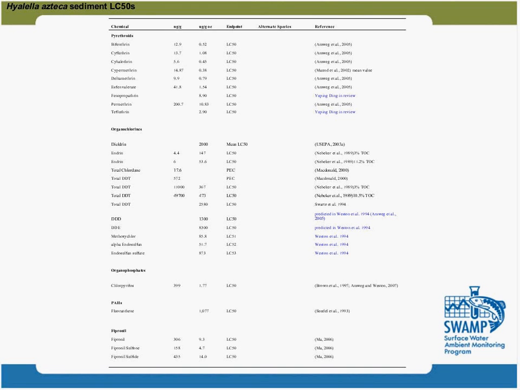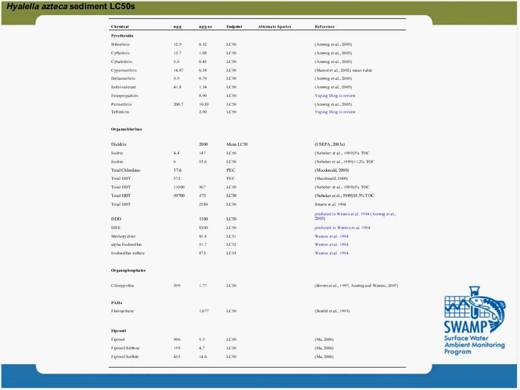I included this because I want to highlight the fact that we're using a growing data set that we're developing in our laboratory and also gathering from other laboratories, that specifically relates sediment contaminants to effects on Hyalella azteca.